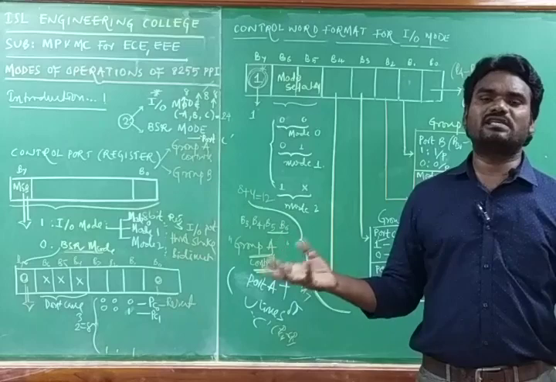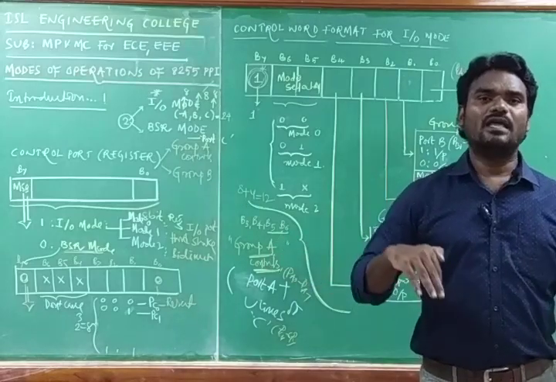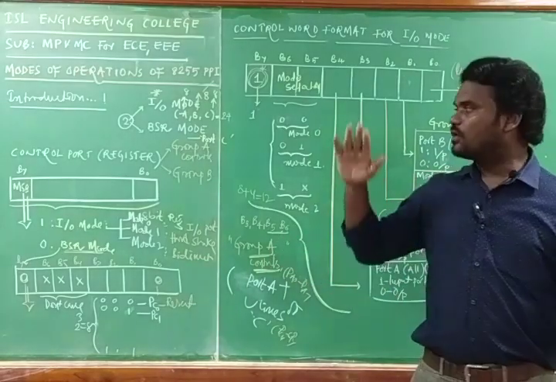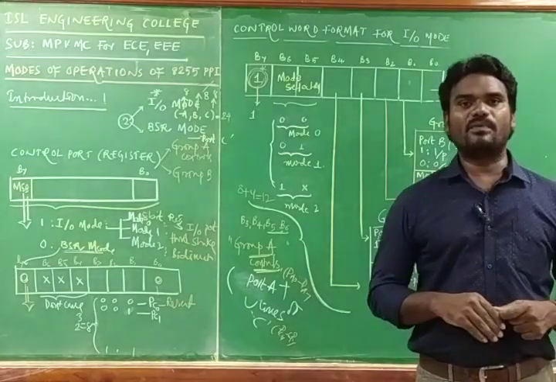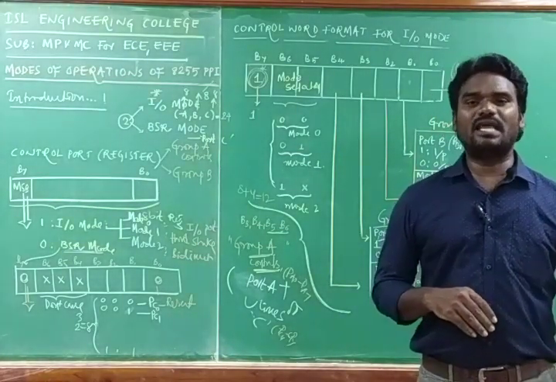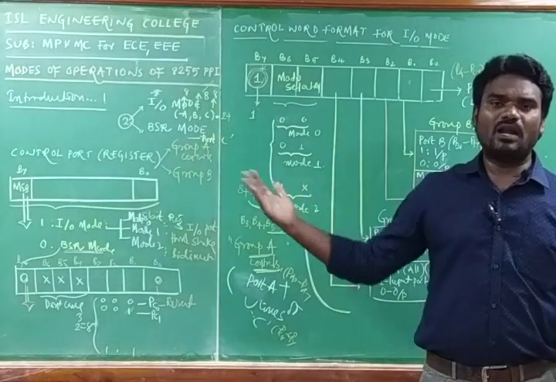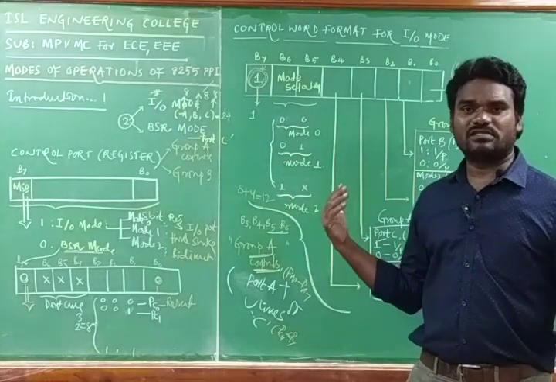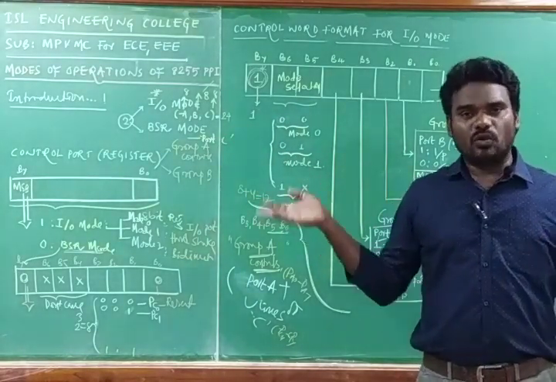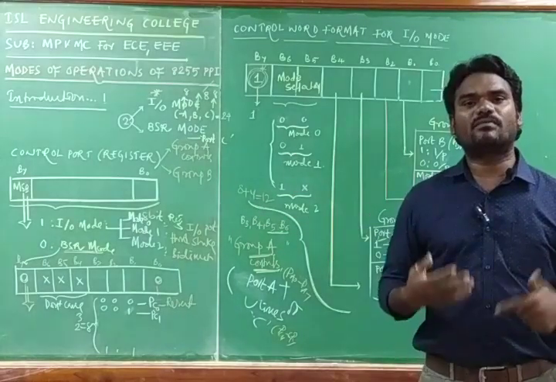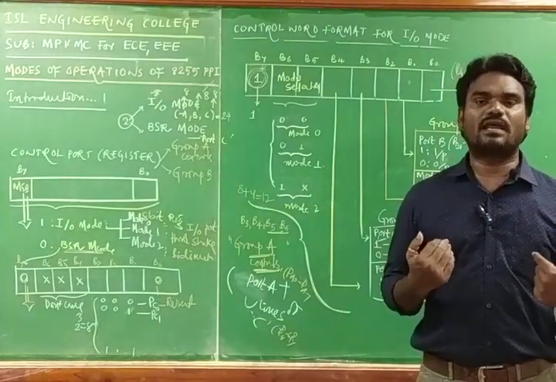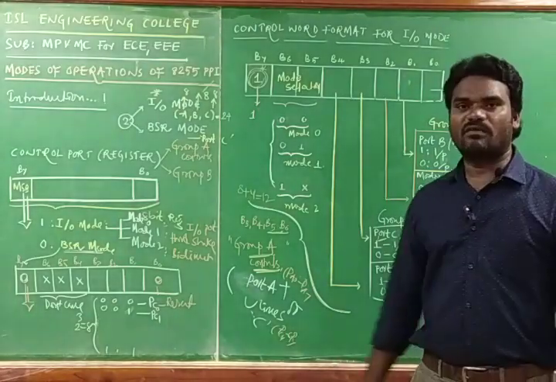These peripheral devices successfully interface with the 8086 microprocessor using the 8255 PPI, because the processor has some characteristics, and the input and output devices have different characteristics. To make the synchronization between them, we use one interfacing circuit, that is the 8255 PPI.